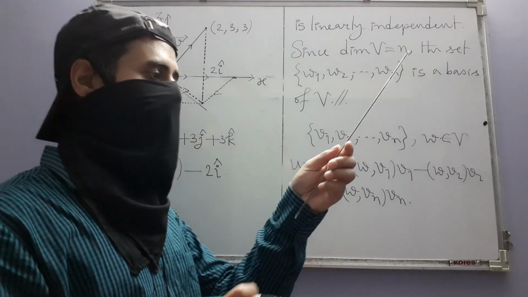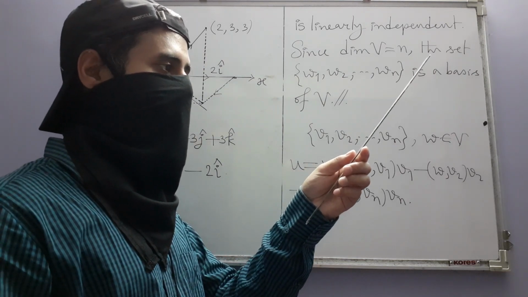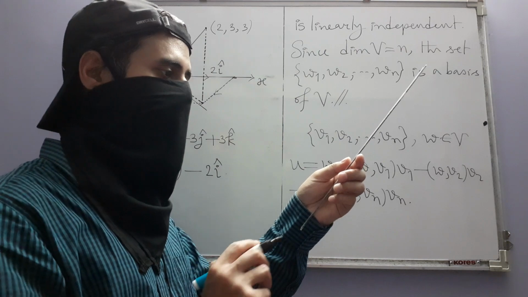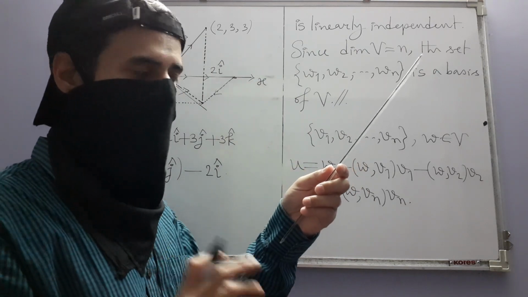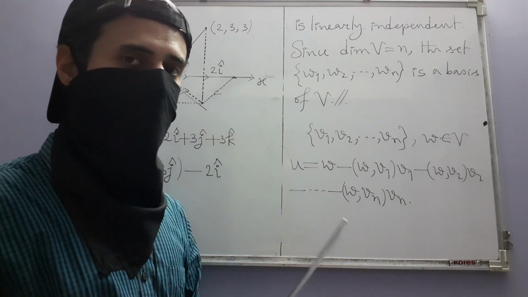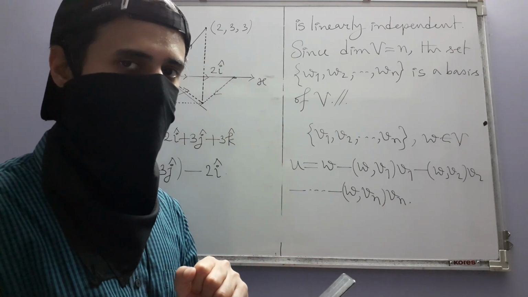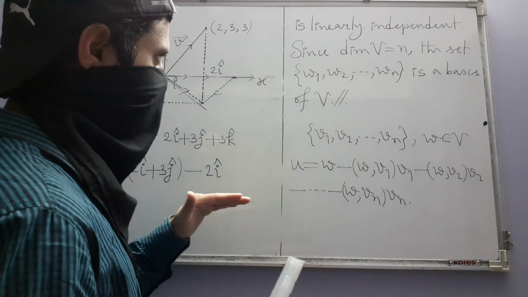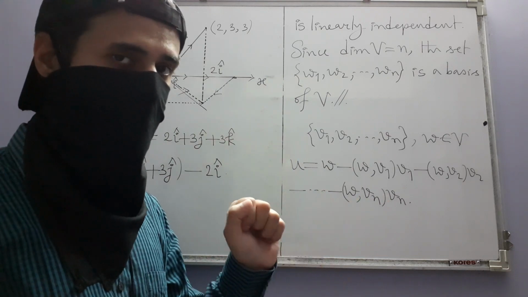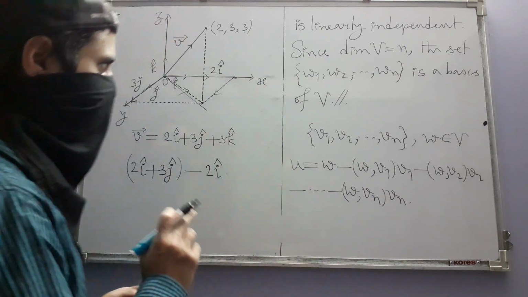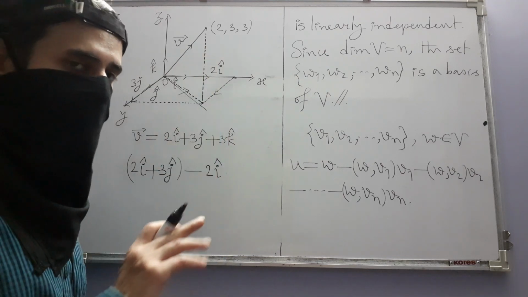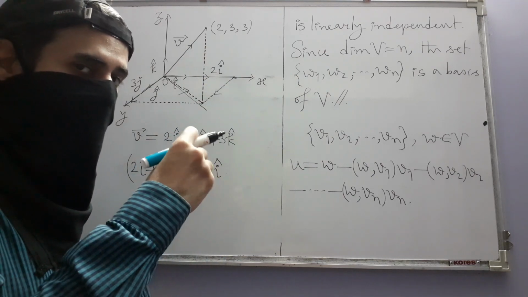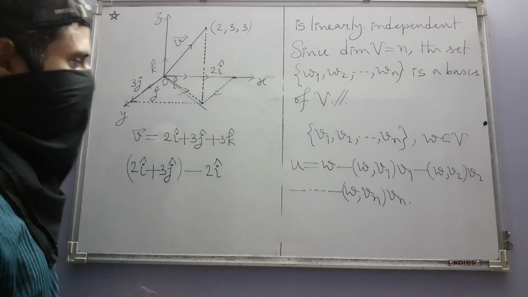If you remove one component, then whatever is remaining in the vector is going to be perpendicular to that direction, because in that direction it has nothing left now.